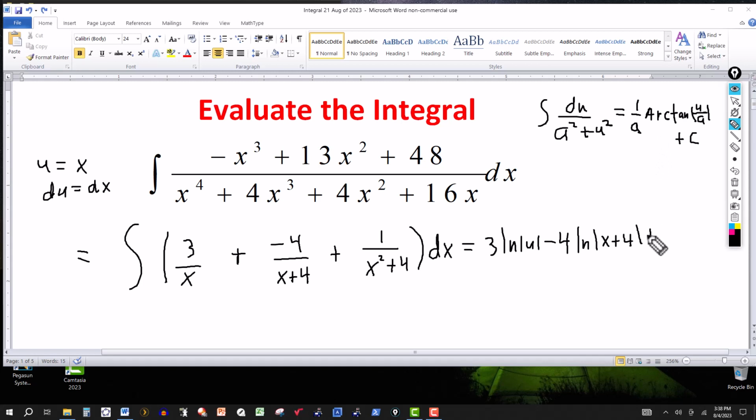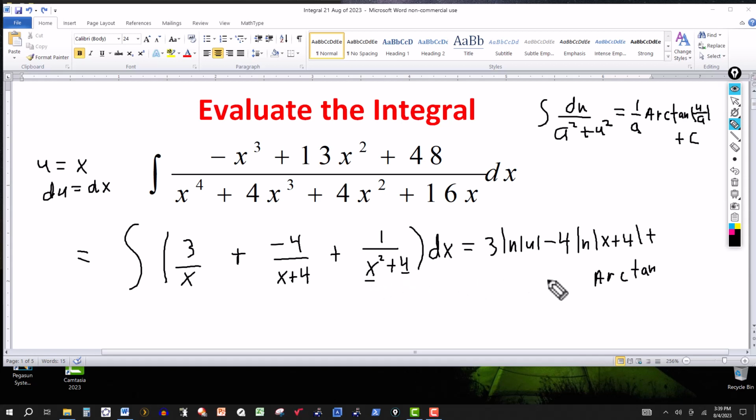So I just put a plus here, and then I'll move this down over here, and then this will be arc tan, or tangent inverse, and the coefficient here would be 1 over a. Well, in our case, this is a, and this is your u here, u squared.